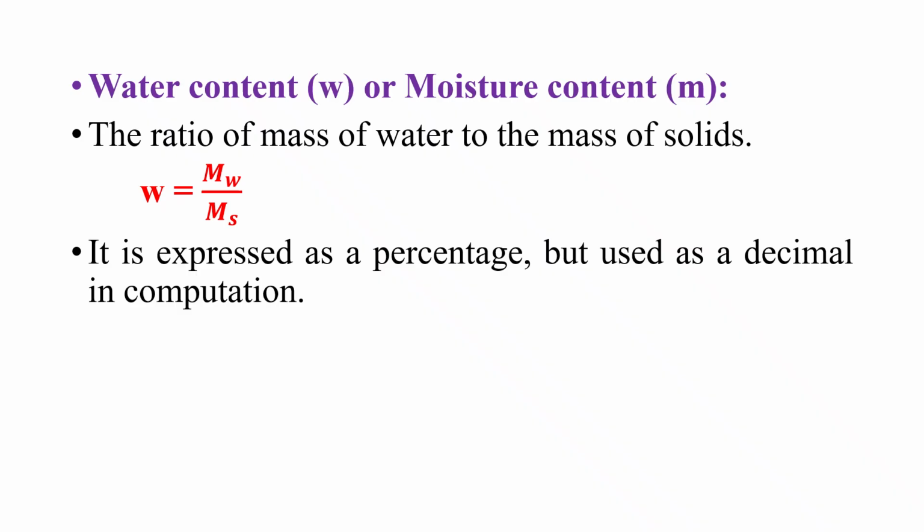Next, we are going to learn a very important useful relationship between void ratio e and porosity n. Let us write void ratio e. e is the ratio of volume of voids to the volume of solids. e equal to Vv by Vs. It can be written as volume of voids divided by total volume minus volume of voids.